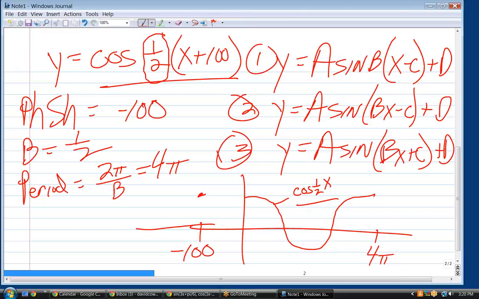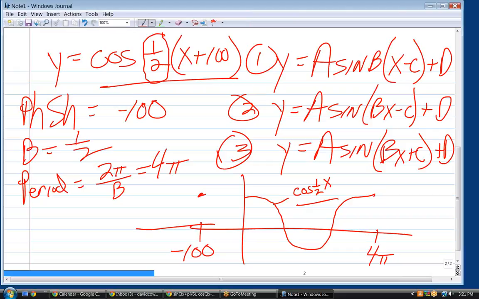Now this is a bit of a strange problem because they made the phase shift a number instead of some number in terms of pi, which you would expect it to be. But that's okay. 4 pi is 4 times 3.14. We've been working primarily in radians?